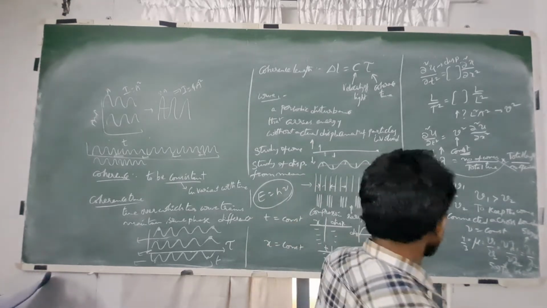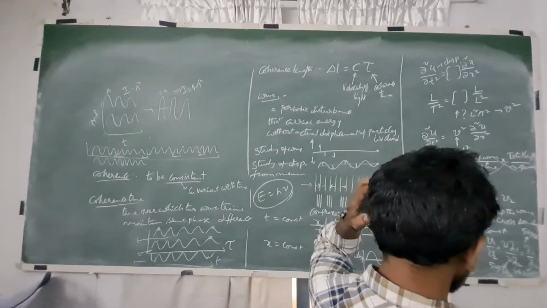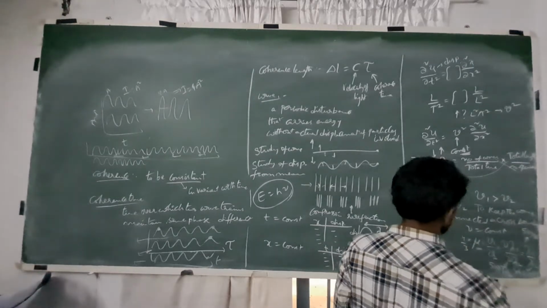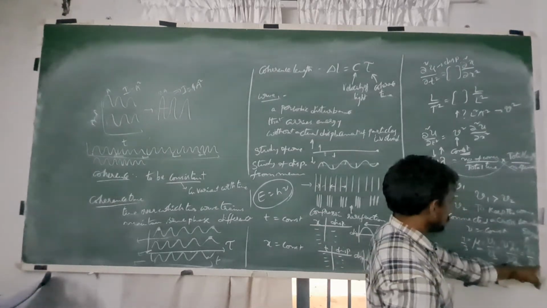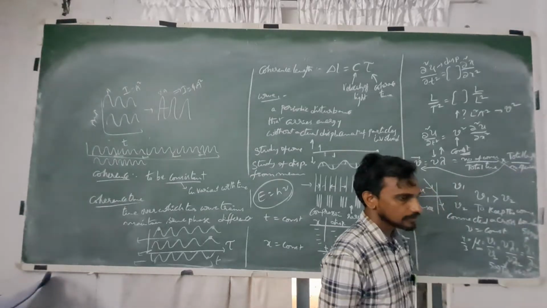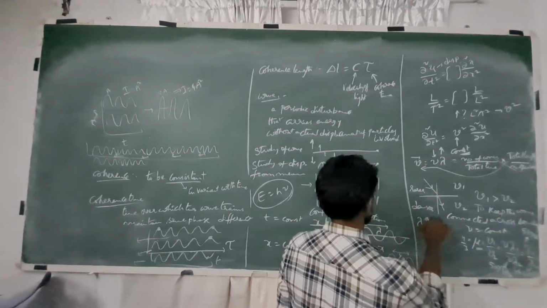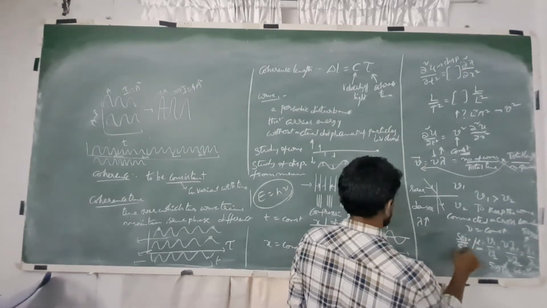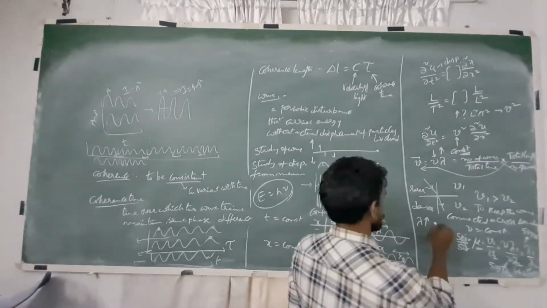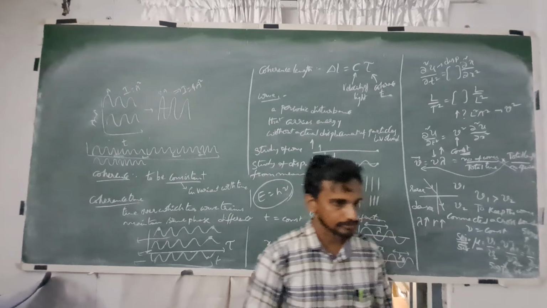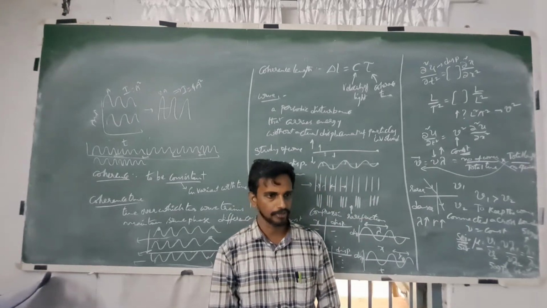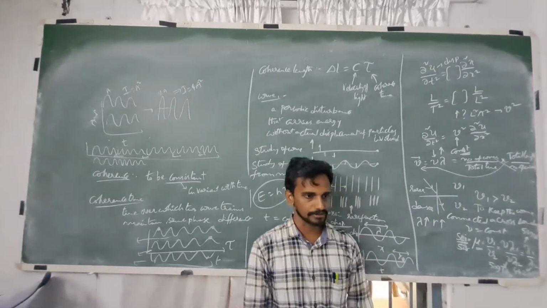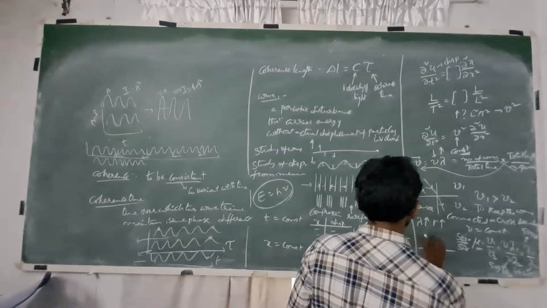So now comes another observation. So this is refractive index, sin A by sin R, right? So if I increase the wavelength, R also increases. The second way: if I increase the wavelength, R increases. So what happens?